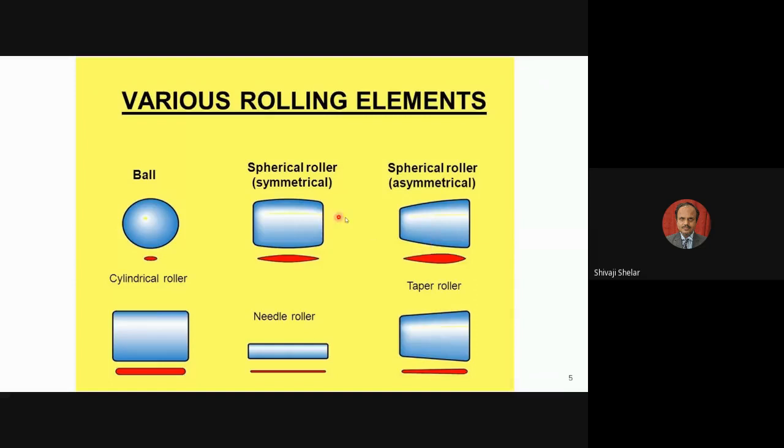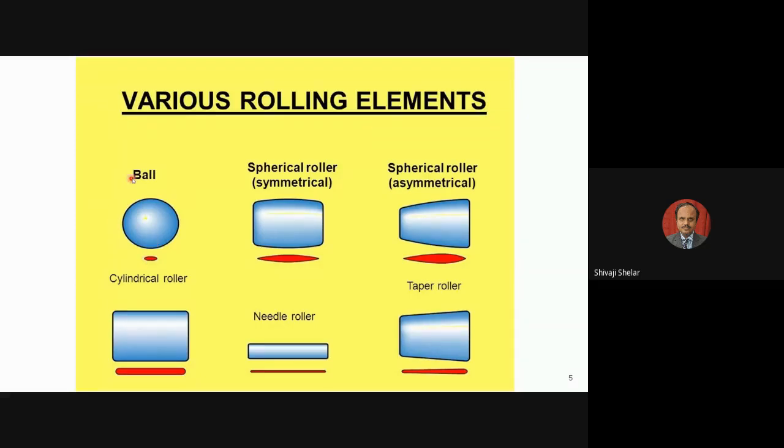Similarly, you can have the curvature asymmetrical: you can take a taper roller and turn it in the form of a curvature. So this is an asymmetrical spherical roller. So 1, 2, 3, 4, 5, 6, six varieties of rolling elements can be used in rolling contact bearings.